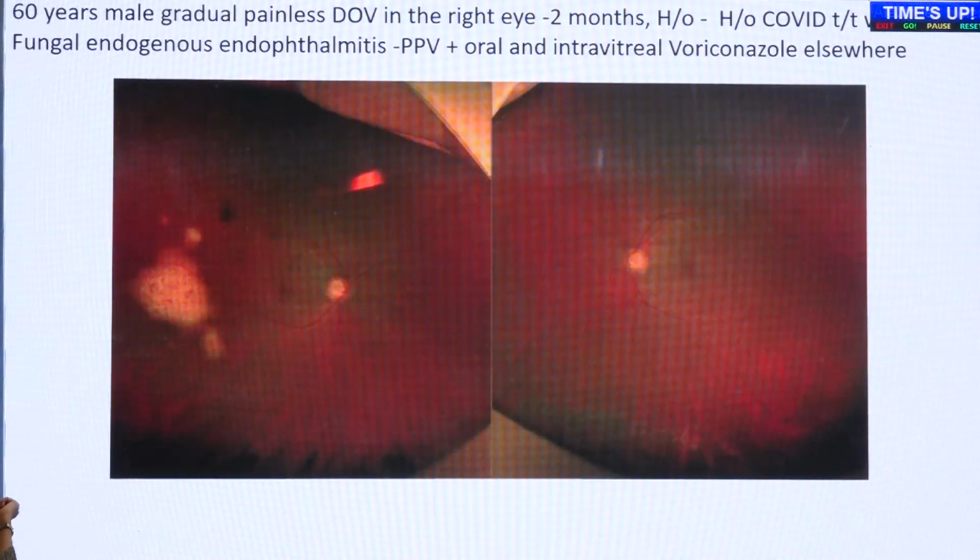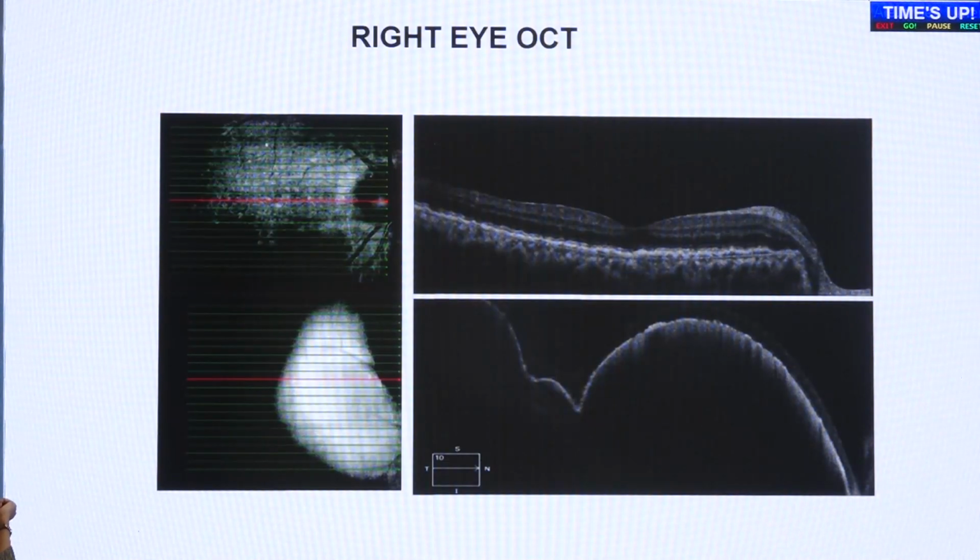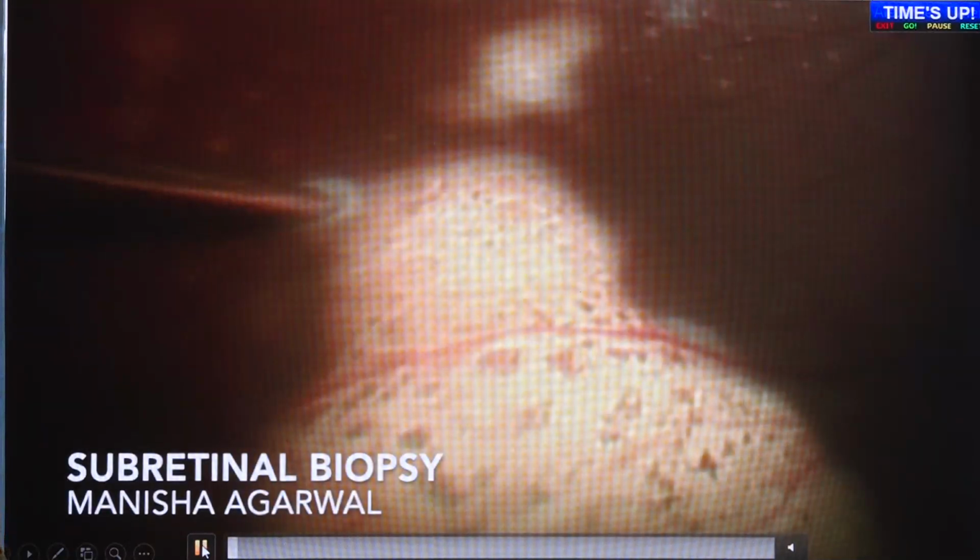This is another patient, a 60-year-old male patient who was having a history of COVID. He was admitted in the ICU. And he was diagnosed to have fungal endogenous endophthalmitis secondary to that. And where you see a very classical picture of sub-RPE deposits which were present in both the eyes. And here again, we were a little lost, though it was a very classical presentation.